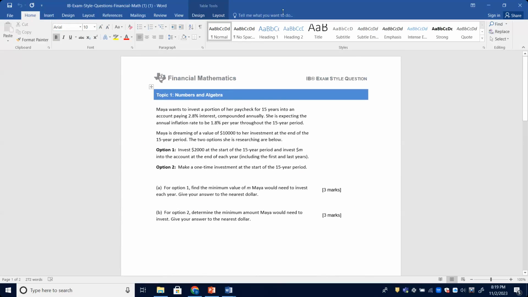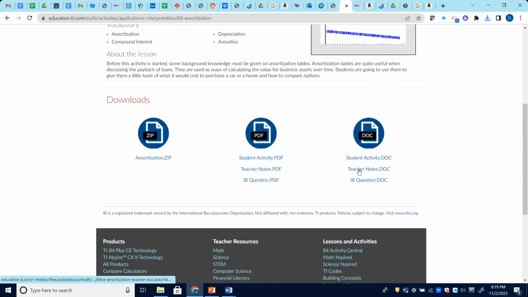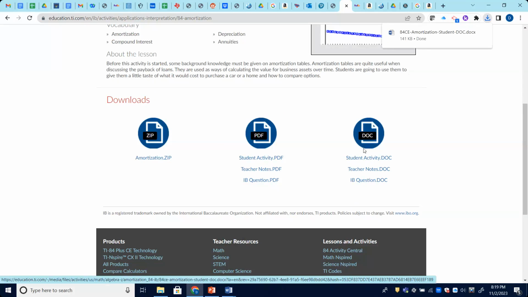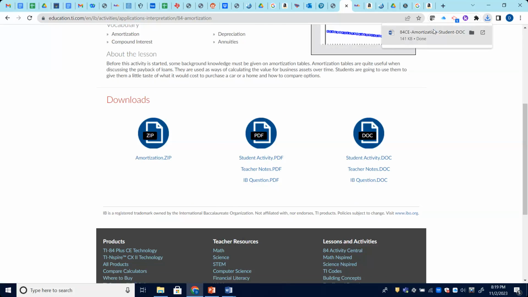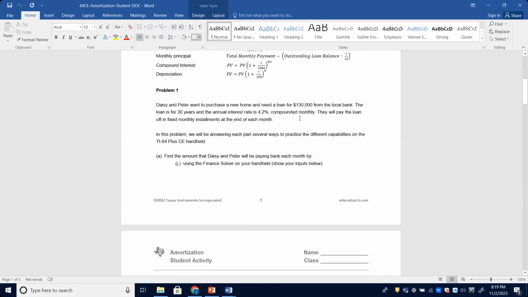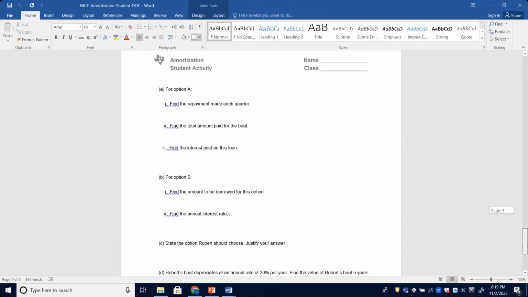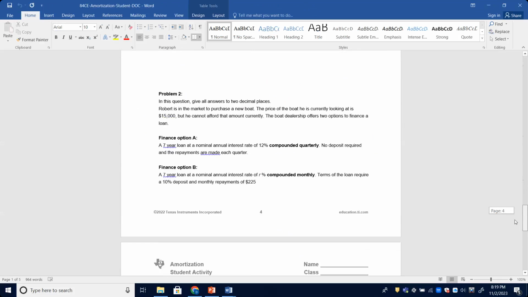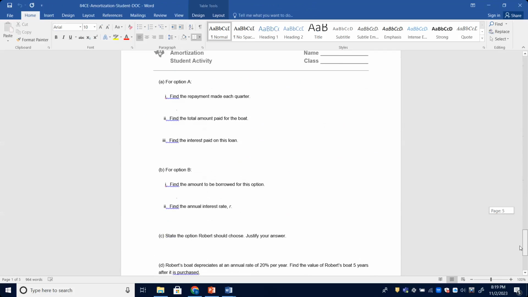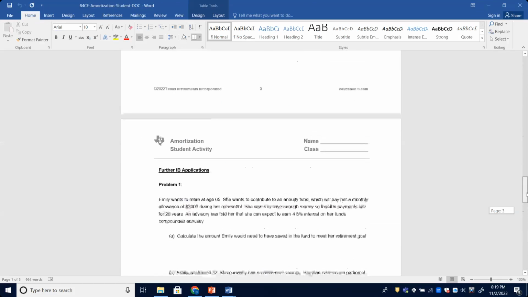But that's just the beginning. I'm going to click on the student activity here for this one. I'll go through this activity in a second, but I just want to show you something really quick. I know I'm scrolling through this fast, but I end with an IB style question also. Every one of the activities has an additional IB question.